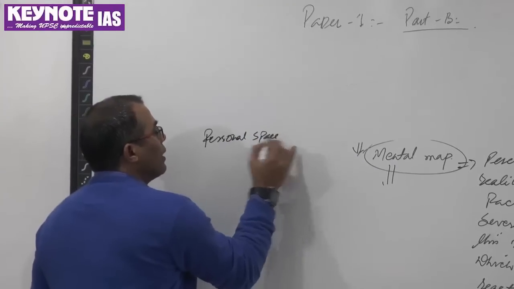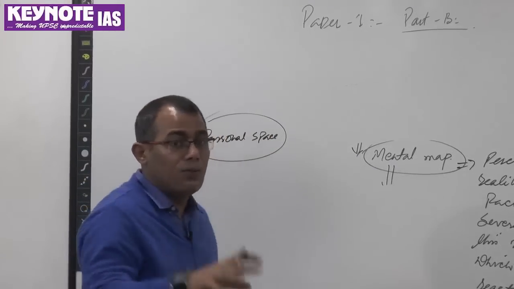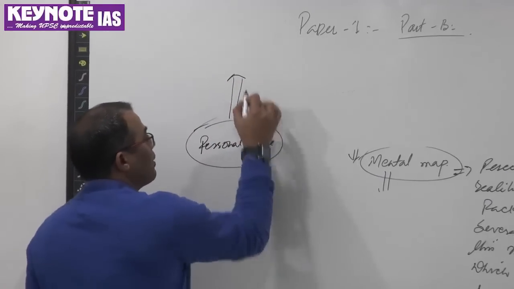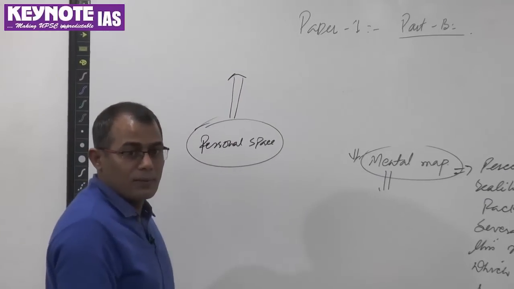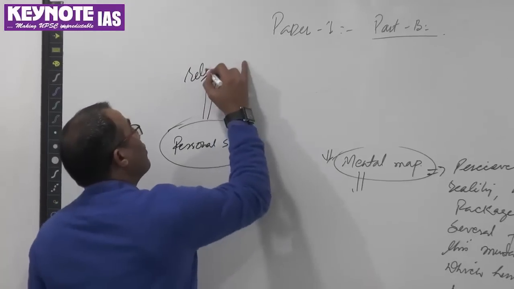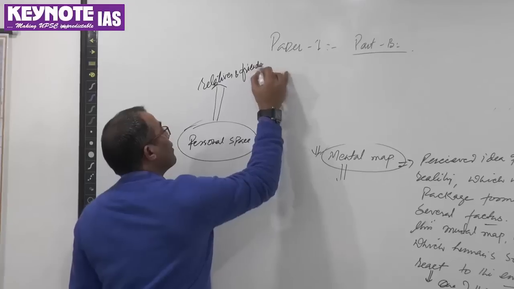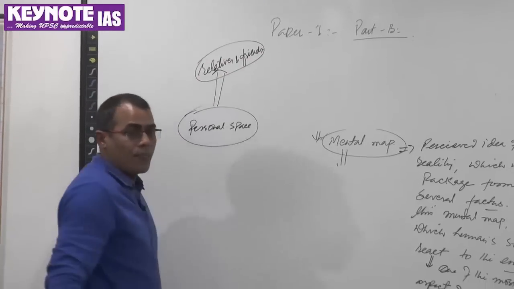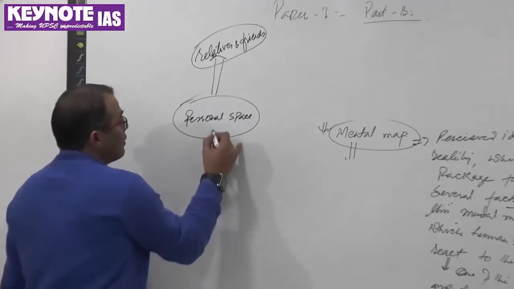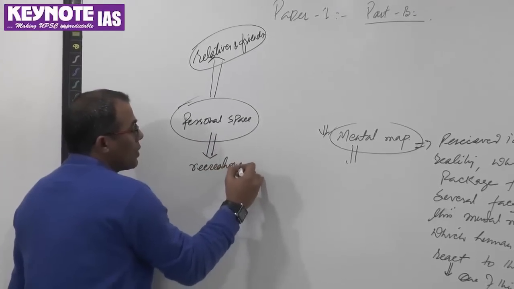Is your own personal space, right? That is the individual. Then you have several factors might be influencing, the nearest surrounding. That takes to relatives and friends. Right? Then the recreational aspects.